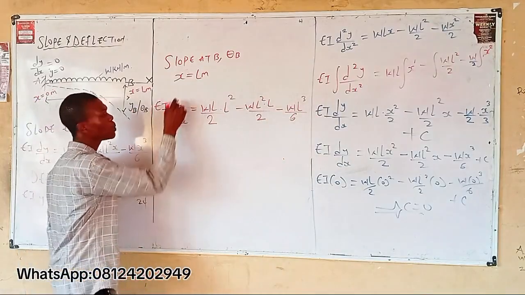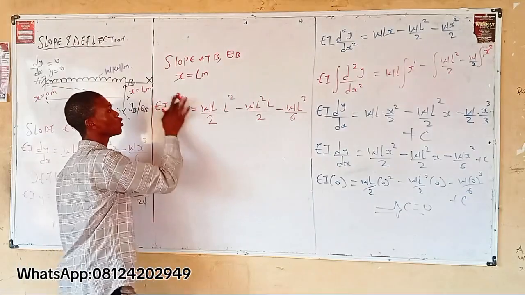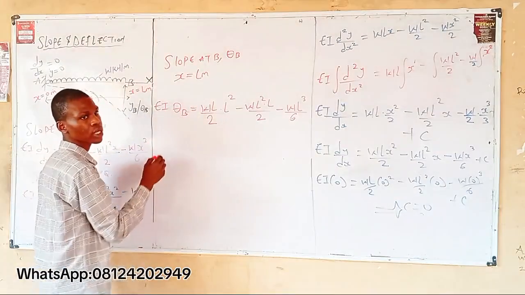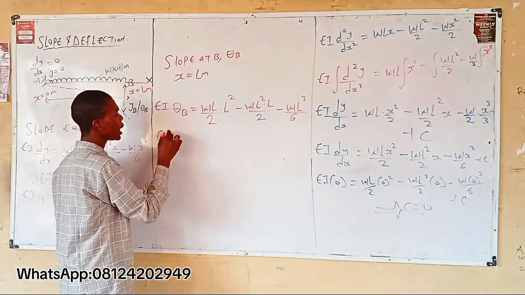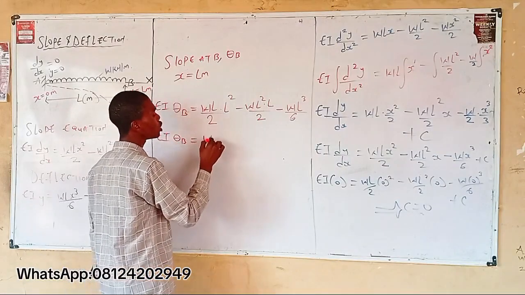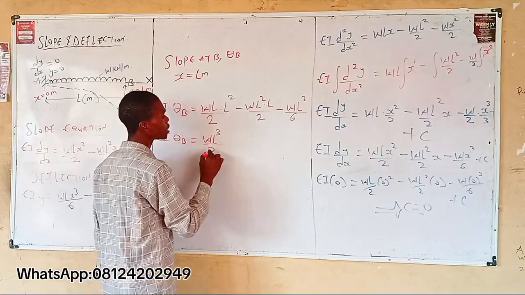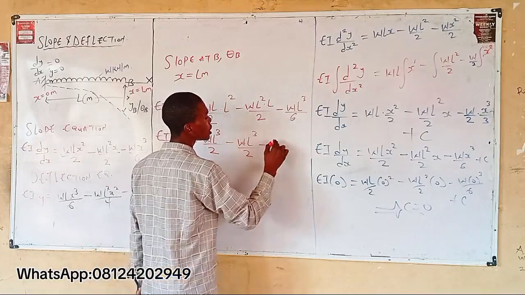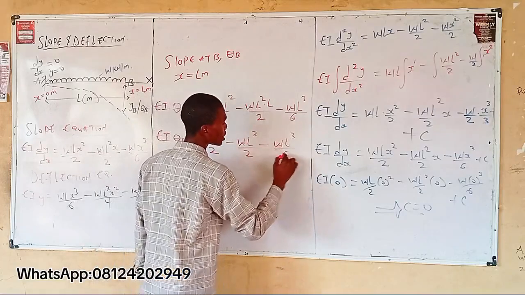Meaning, in place of the x, what do you have? Theta B, meaning slope at B. Then it becomes EI theta B, which is slope at B, equals WL cube over 2 negative WL cube over 2 negative WL cube over 6.